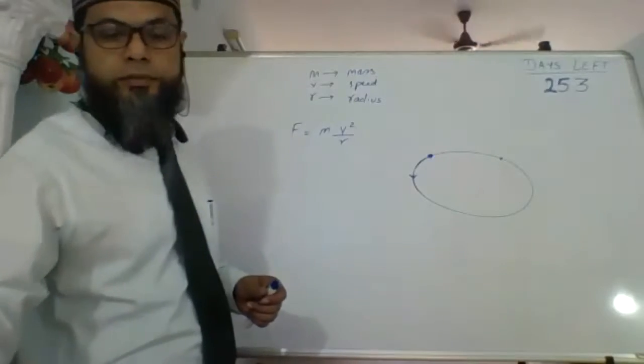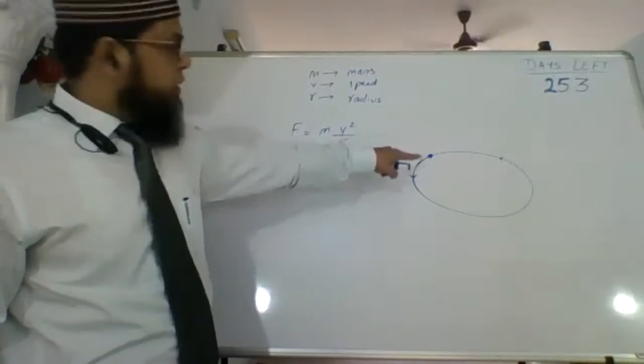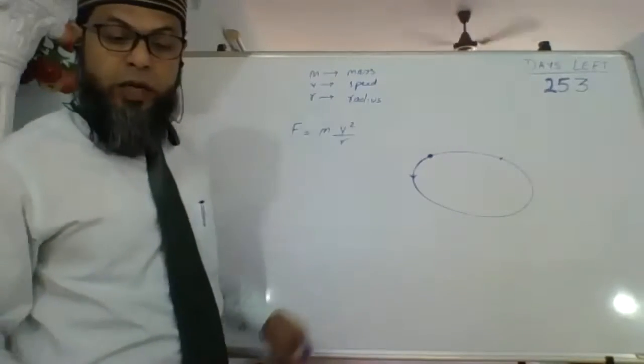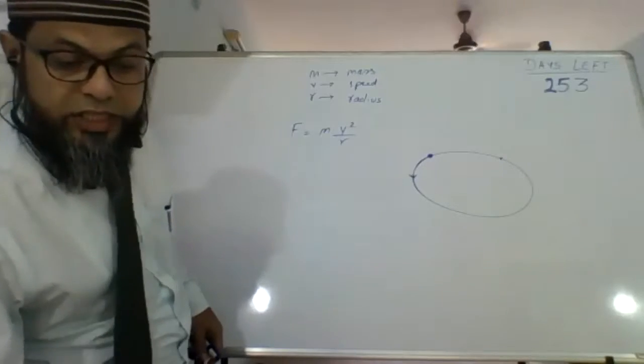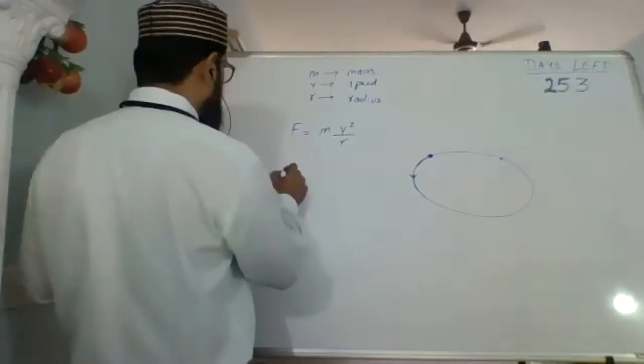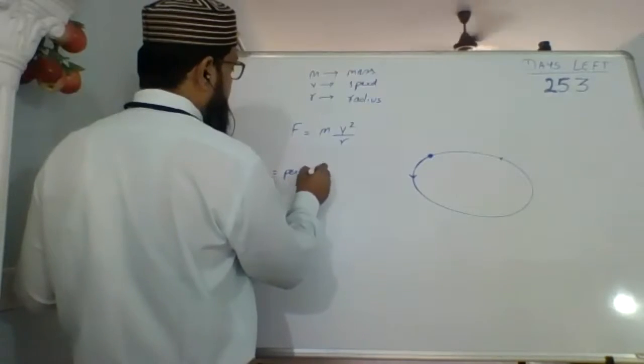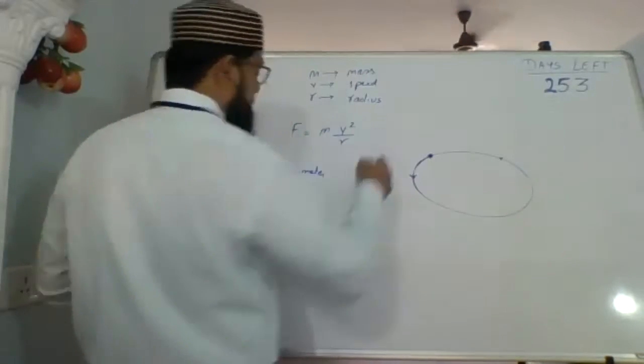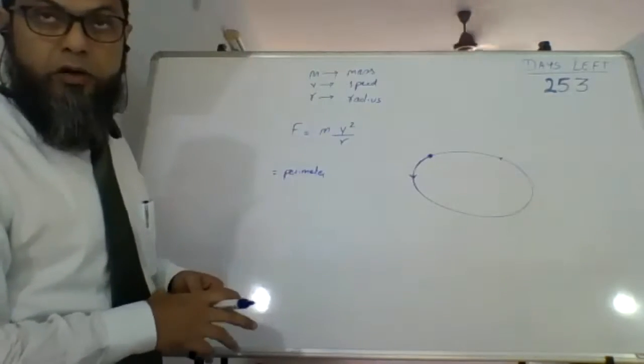So as I was saying, this is from where it starts. So that is one complete revolution. The distance traveled by the planet in one revolution is nothing but the perimeter of the orbit.